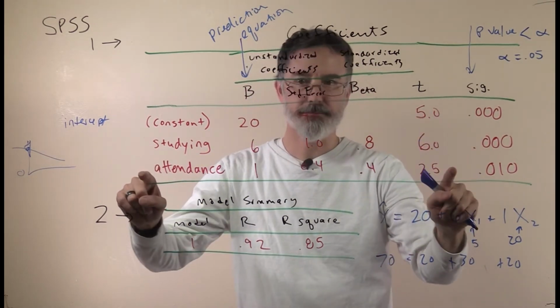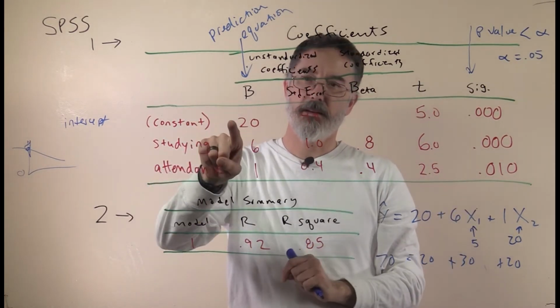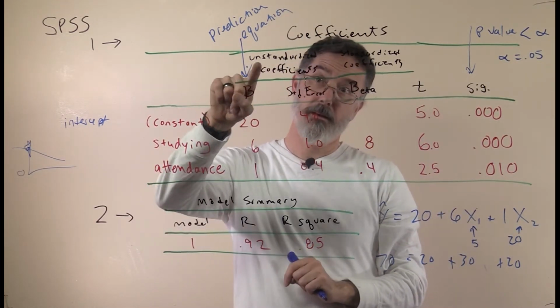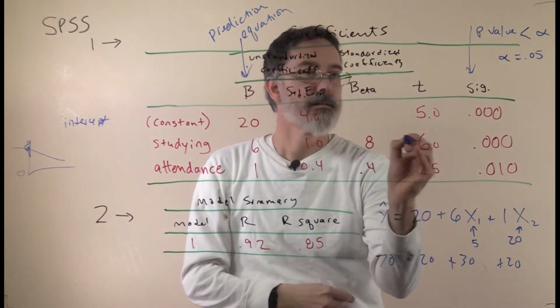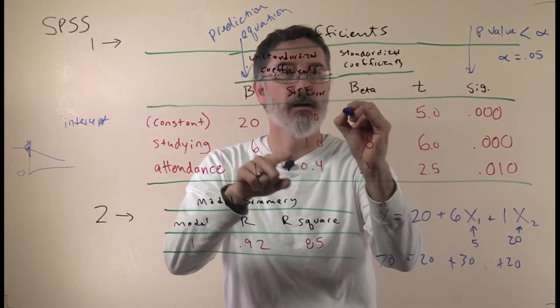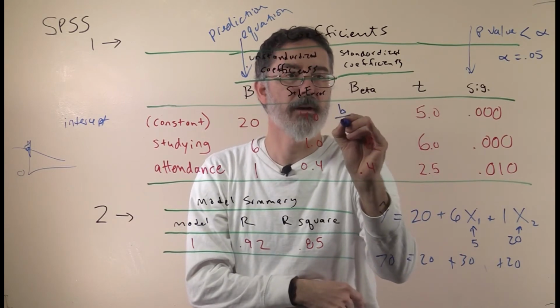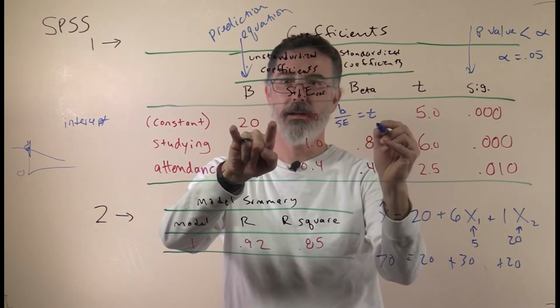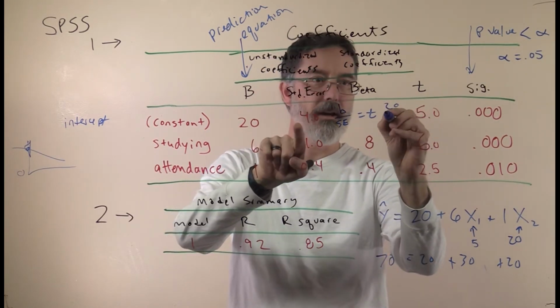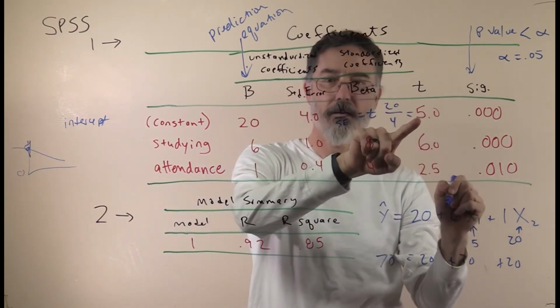for each of these is the unstandardized coefficient divided by the standard error. So, I'll write it in here, b divided by the standard error equals t. For example, 20 divided by 4 equals 5.